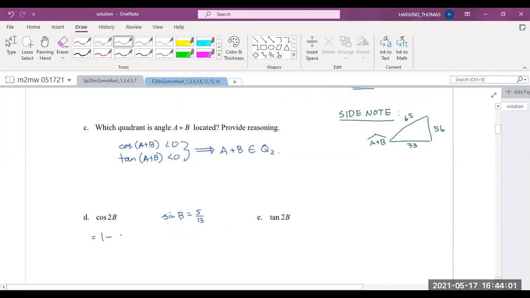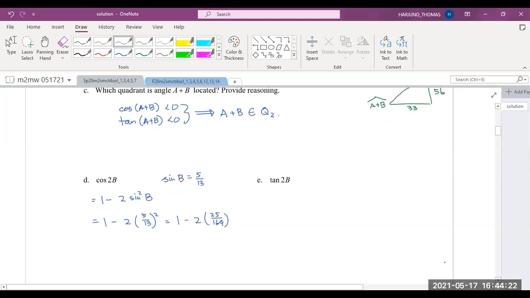But I will use 1 minus 2 sine squared B. That's 1 minus 2 times 5 over 13 squared. That's 1 minus 2 times 25 over 169. This is 169 over 169 minus 50 over 169. That's 119 over 169.